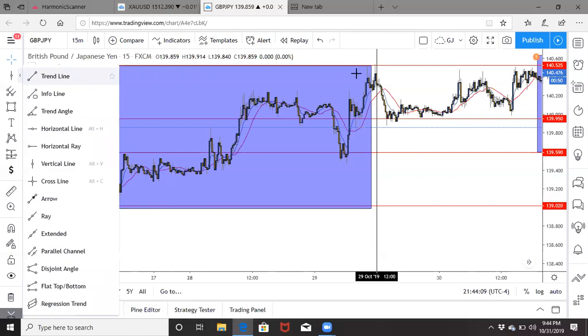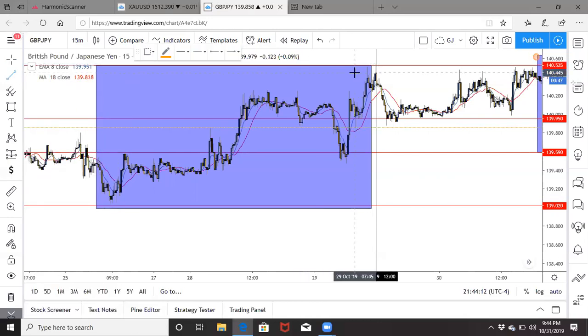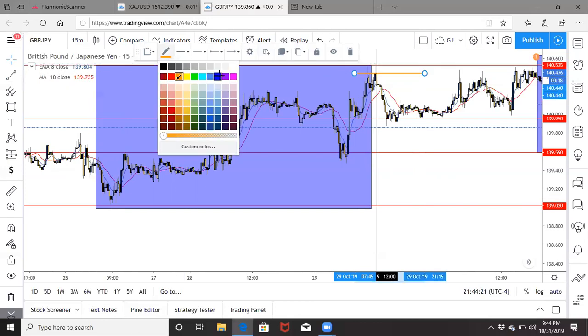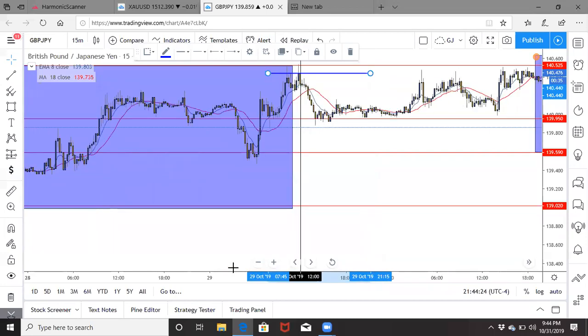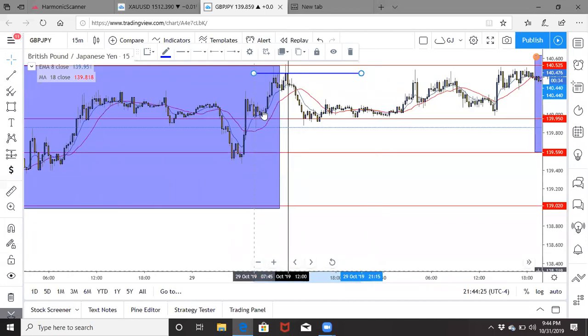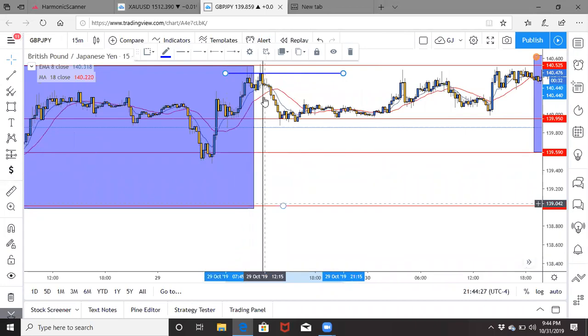Let's mark this off. Got your resistance level, got you a double top. And it gave you a nice bearish engulfing right here along that black vertical line. See that?